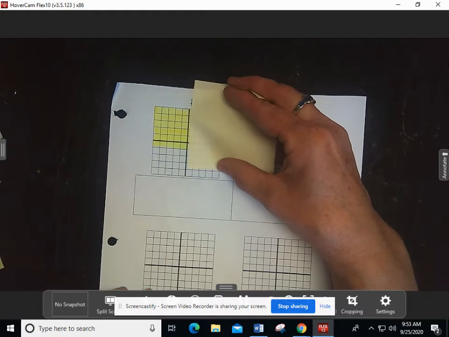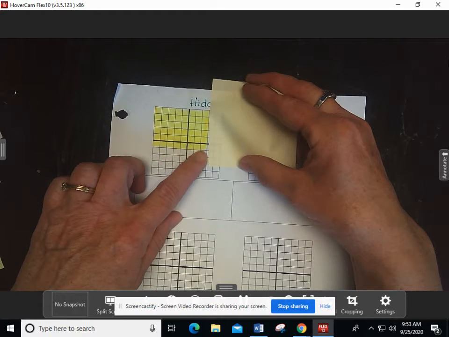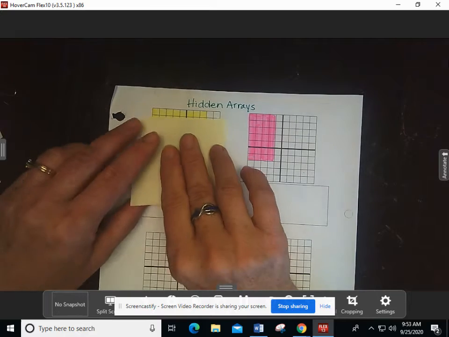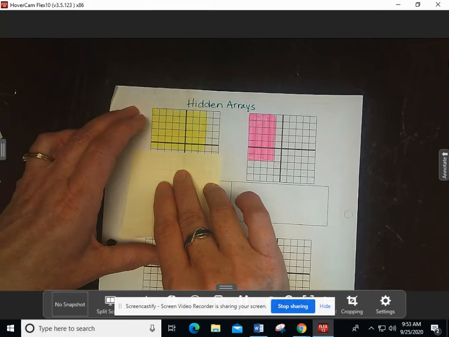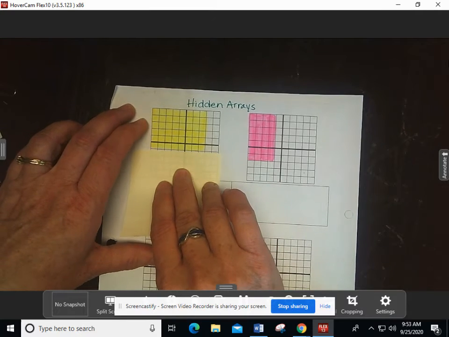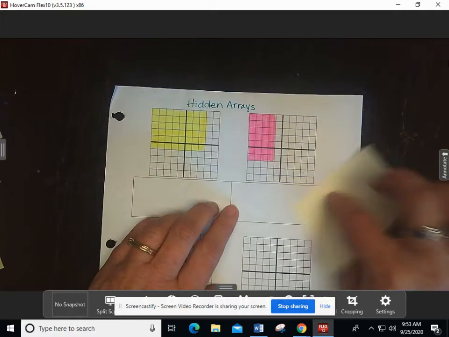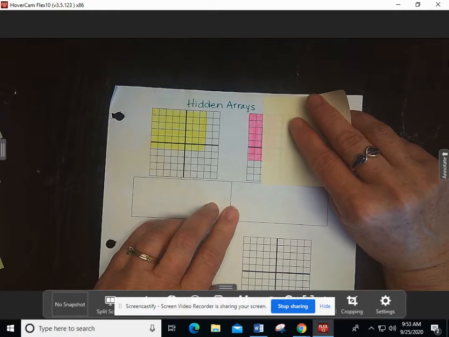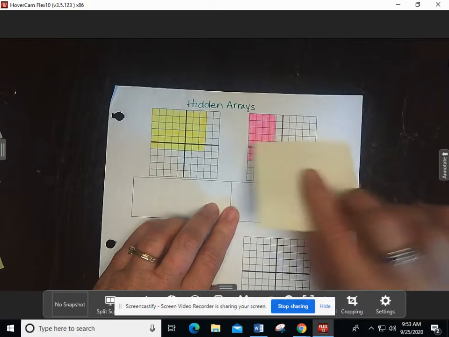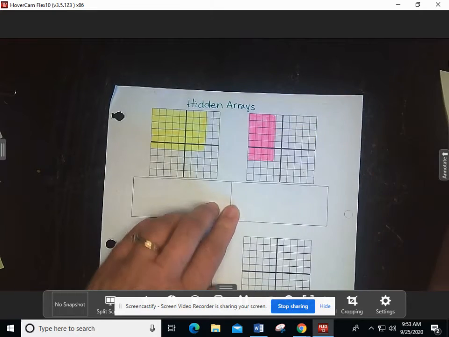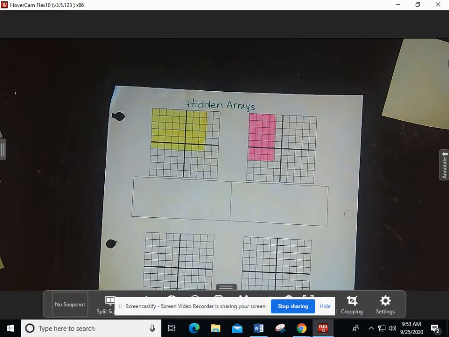I could divide it right here so we have 5 and 3. I could divide it this way so we have 1 and 5. The same for this one. We could divide it this way. We could divide it this way so that we're breaking it into 2 arrays.